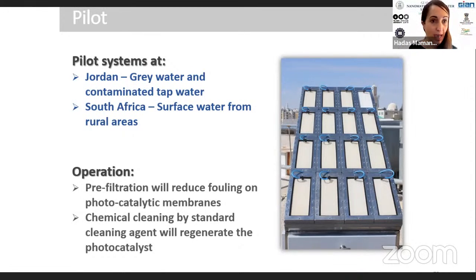Therefore, any reactor should be operated for a very long time in order to have enough time to understand the fouling phenomena and to solve them and to decrease or control the fouling, okay? So biofouling, organic fouling, inorganic fouling, all these can occur on the photocatalytic membranes.